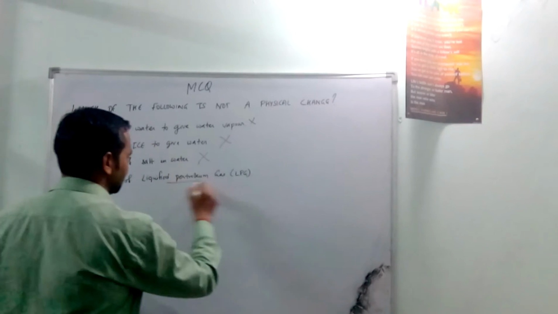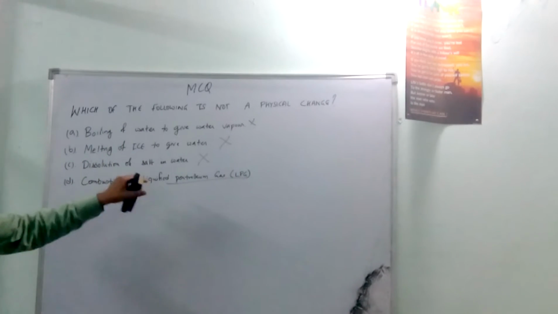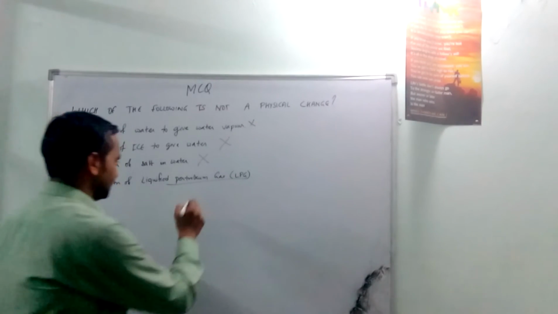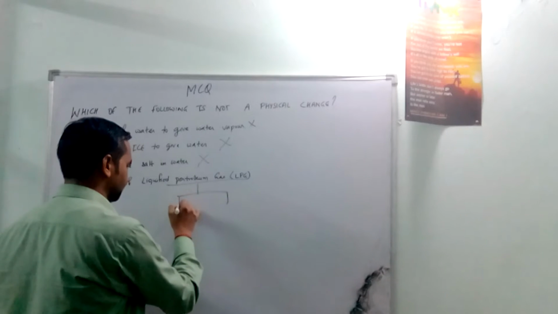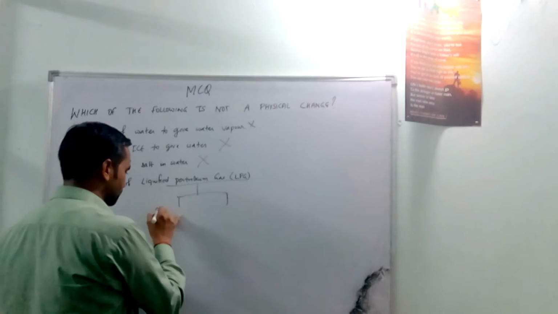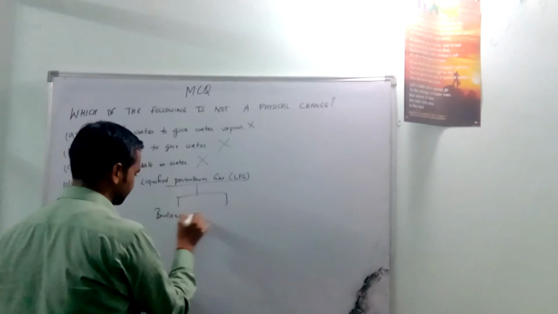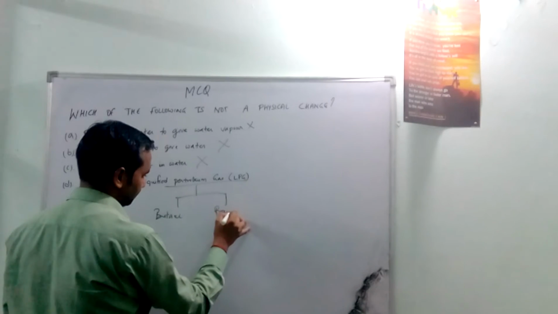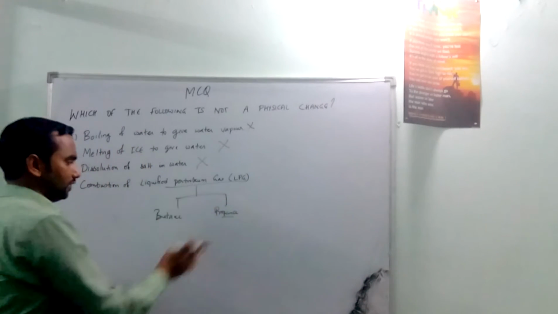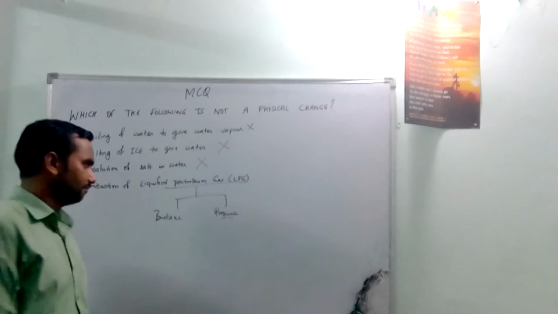Now talking about combustion of LPG. What do you know about liquefied petroleum gas? It is a composition of organic gases like butane and propane. Okay, and butane and propane both are organic compounds.